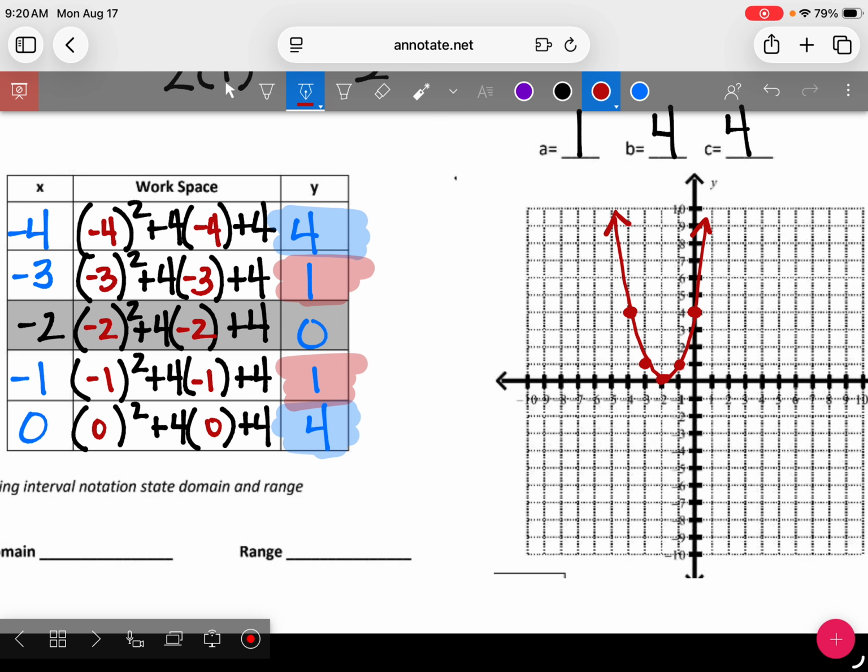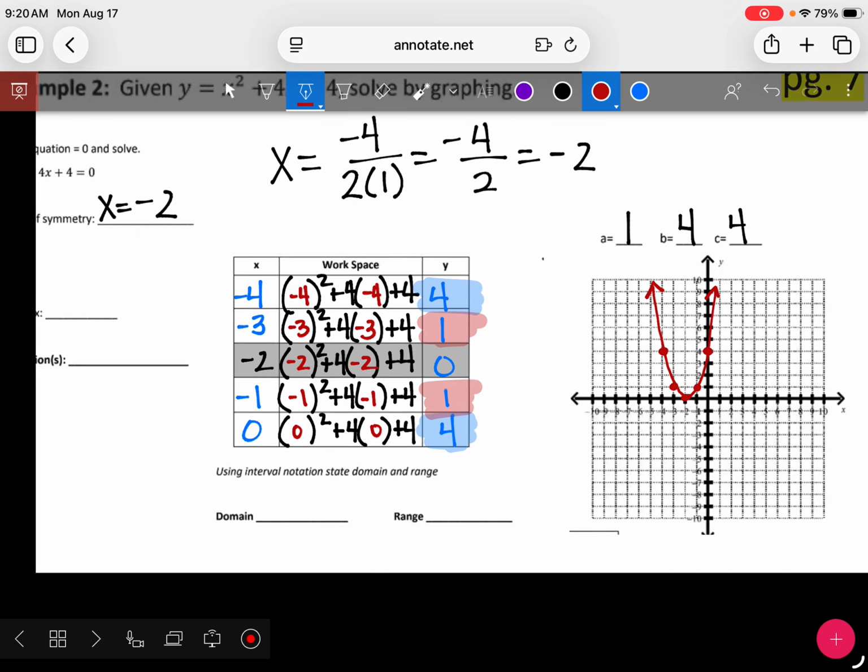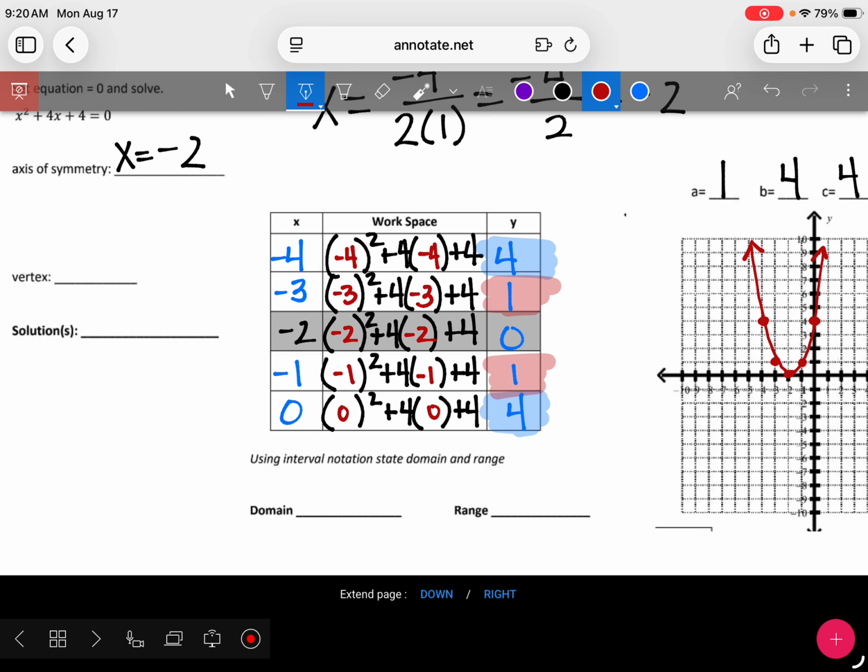Okay. So for your vertex, in this case, is that a minimum or a maximum? Is my vertex the lowest point or the highest point? Lowest. So this has a minimum. I'm gonna write that. It didn't ask you, but it will be on the test, or you have to tell me that. So this is a minimum.